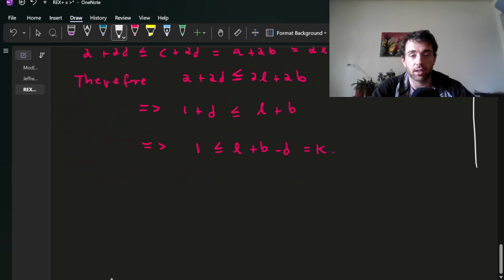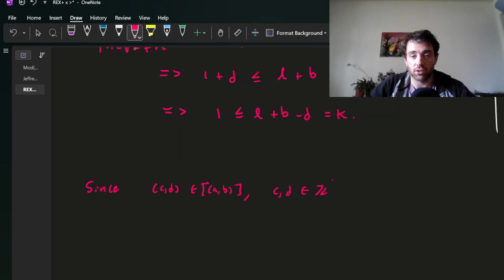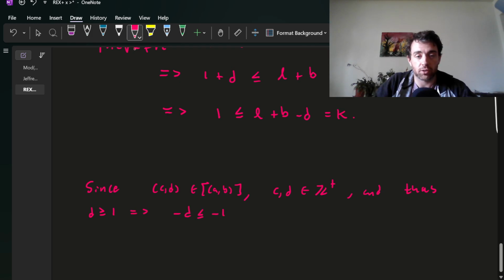So again, we might start a new paragraph down here, and we'd say something like, since C and D are in the equivalence class of A and B, C and D are both positive integers, and thus D is greater than or equal to 1, which implies minus D is less than or equal to minus 1, which implies L plus B minus D is less than or equal to L plus B minus 1, which implies that K is less than or equal to L plus B minus 1.